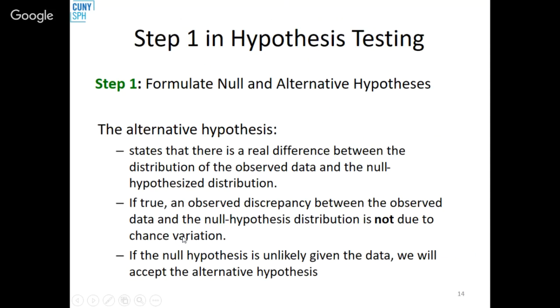There's still some chance variation, but that doesn't explain all of the discrepancy between our observed data and the hypothesized null distribution. And so, if given the data that we have, there's too large a discrepancy for it to likely have been drawn from this null hypothesis, this is going to lead us to accept the alternative hypothesis instead, based on the data.